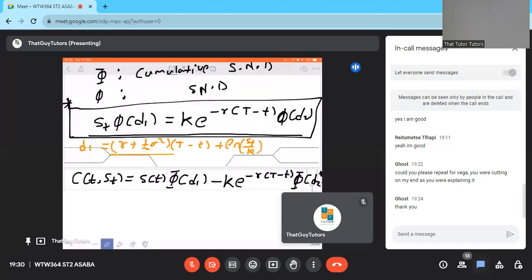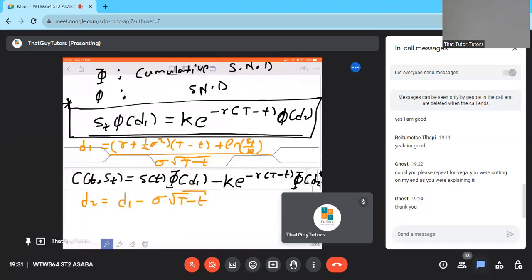So this would be your D1, and your D2 is just D1 minus sigma times the square root of T minus t. I think that's it. And then you can simplify it further. So if you have D1, you have D2.